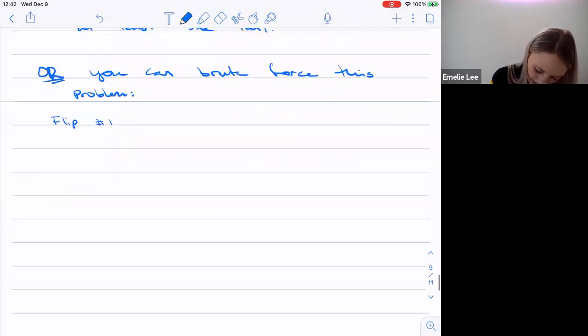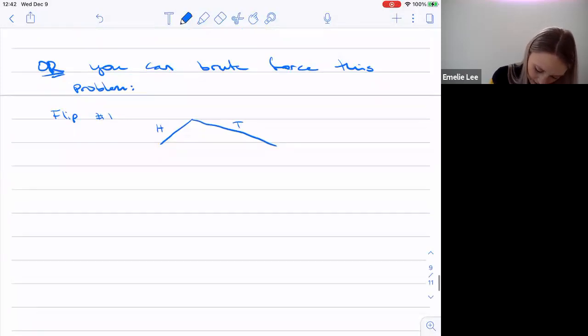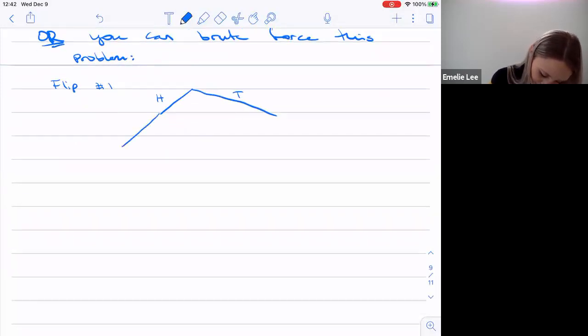Flip number 1 can be either head or tail. I should do these nice and wide because we're doing 4 flips. Flip number 2 can be either head or tail.